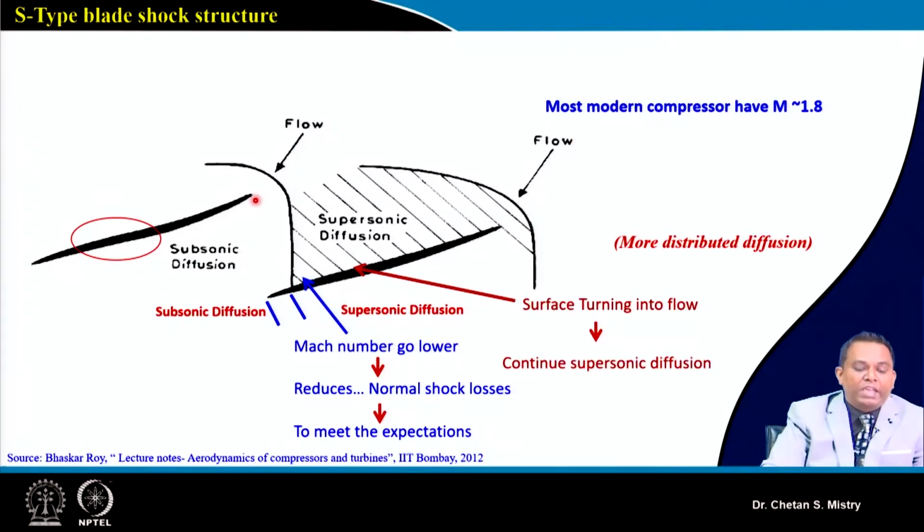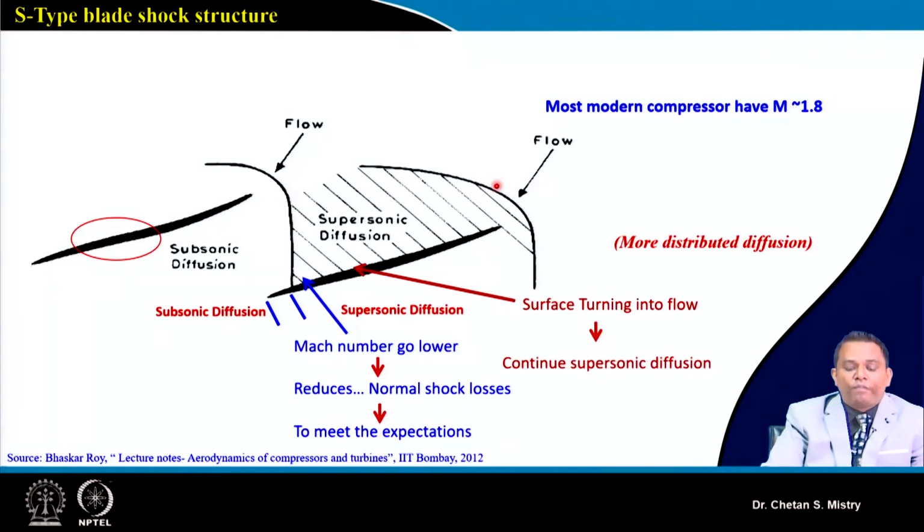So here in this case, as we have discussed, this is a nearly straight line kind of situation, and this has curvature. When our flow is high supersonic, maybe in the range of 1.8, here also we will have a shock structure like an oblique shock, and one of the legs of that shock will strike the suction surface of the next coming blade.